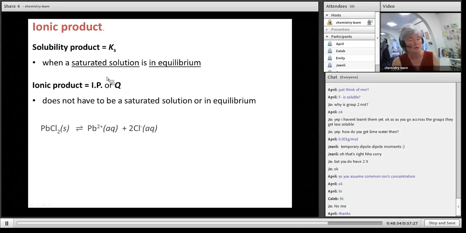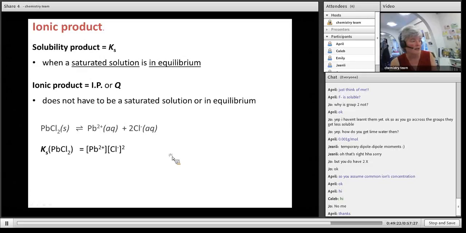And as I say, for solubility, to be in equilibrium, it always has to be a saturated solution. So as an example, lead chloride, okay, my Ks value, I can write the solubility product expression. If I have my lead chloride present in solution, in a saturated solution, and it's in equilibrium with its ions.